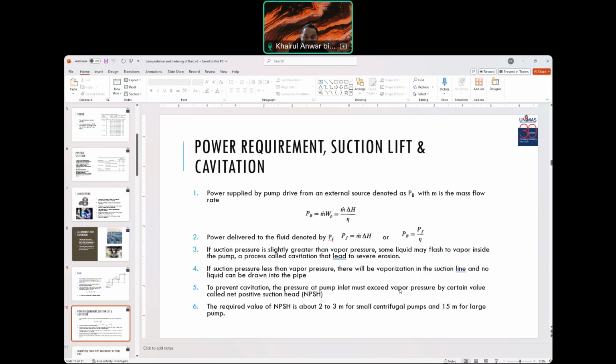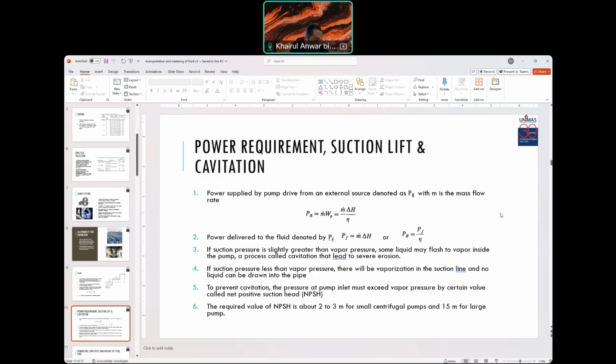Pump requirement, suction lift and cavitation. The power supplied by the pump drive from an external source is noted as P_V, with M dot the mass flow rate. So P_V equals the mass flow rate multiplied by W_P, which is the shaft work.